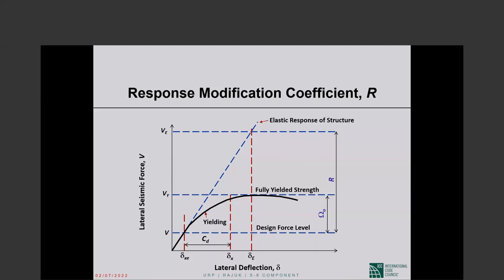When we elastically analyze our structure under those distributed forces, we get lateral displacements at the various floor levels. The lateral displacement at floor level X is denoted by lowercase delta sub X for floor level X, E for elastically computed.